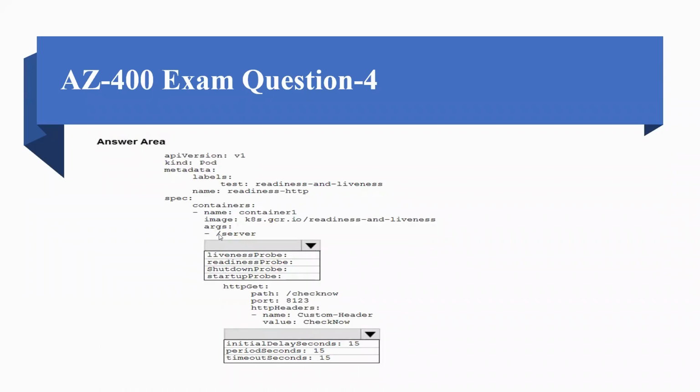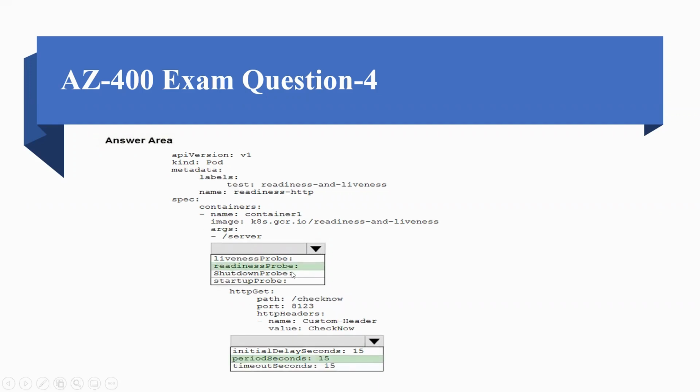This is the answer area. Options are /server, liveness probe, readiness probe, shutdown probe, startup probe. And the values for the check would be initial delay seconds 15, period seconds 15, timeout seconds 15. And the correct options would be readiness probe and period seconds 15.